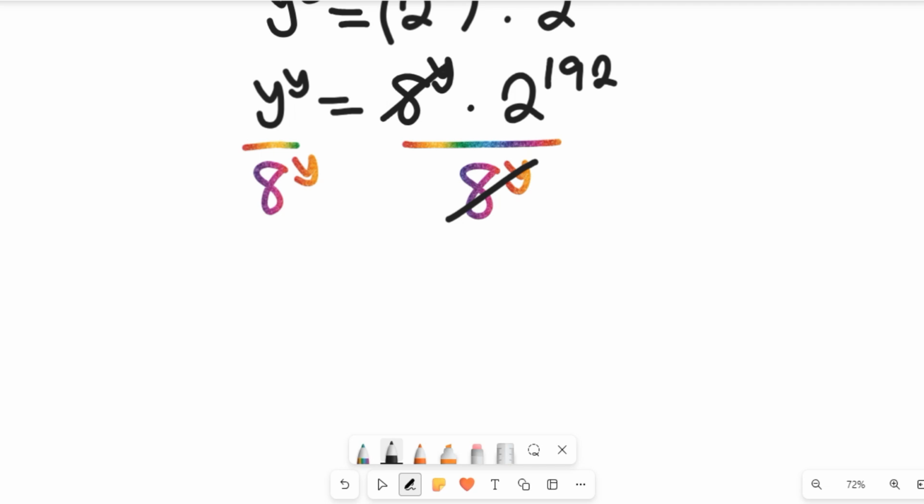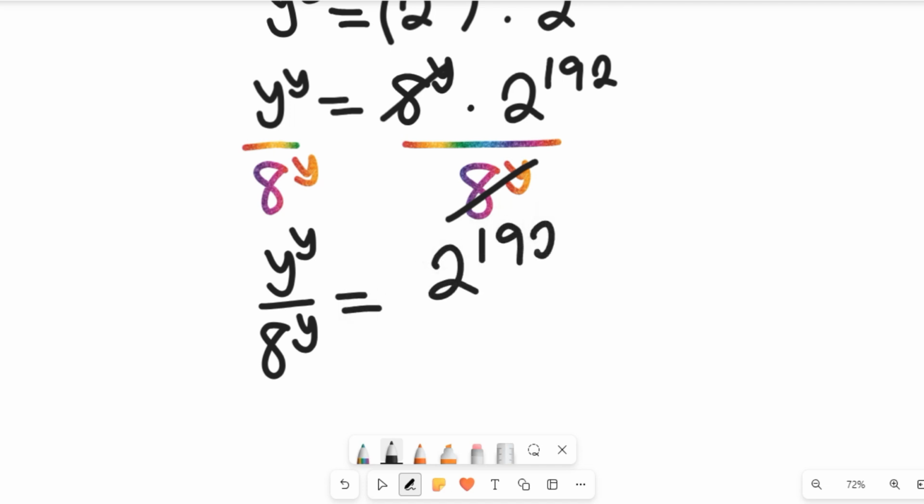No doubt about that. And so we'll have y to the power of y divided by 8 to the power of y equal to 2 to the power of 192 divided by 1, which is nothing. We'll leave it at that.